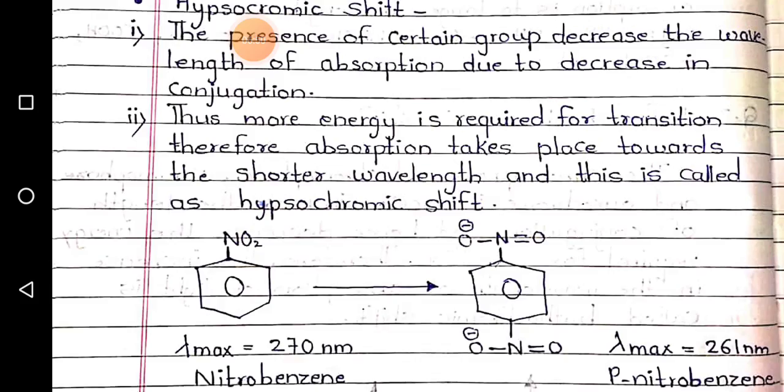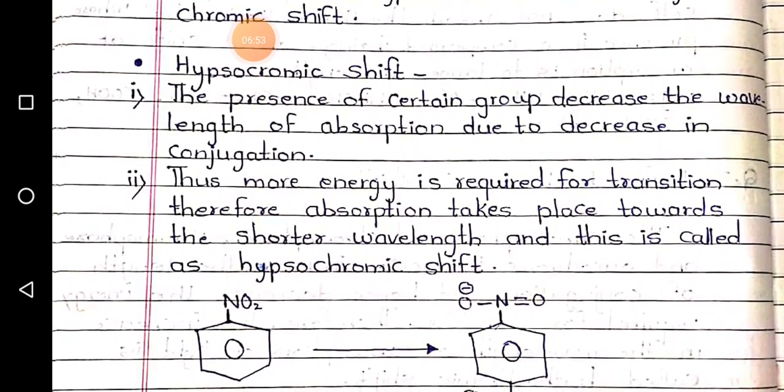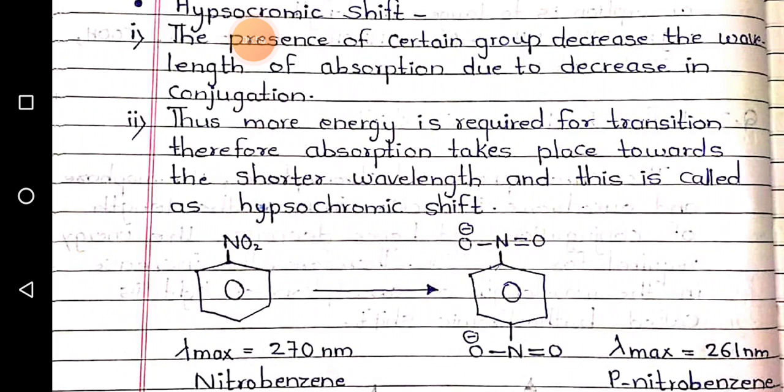So if two chromophoric groups are attached, electrons get attracted from the two sides, and the delocalization decreases. If a compound is attached with one auxochrome and another chromophore, then the conjugation increases. But if a compound has chromophoric groups on both sides, then the conjugation decreases. And as the conjugation decreases, the wavelength of absorption also decreases, means the lambda max value also decreases.